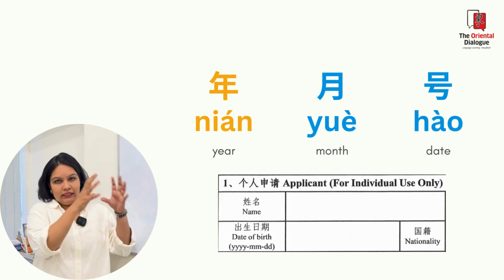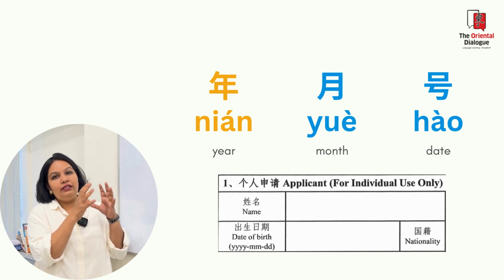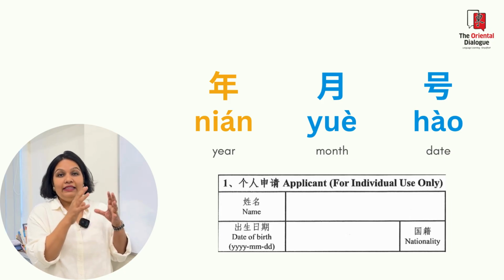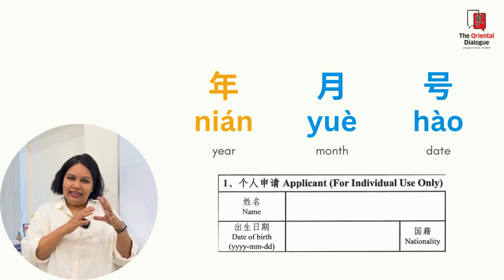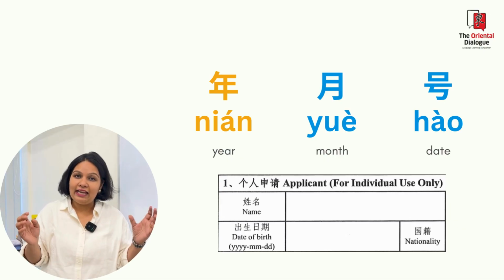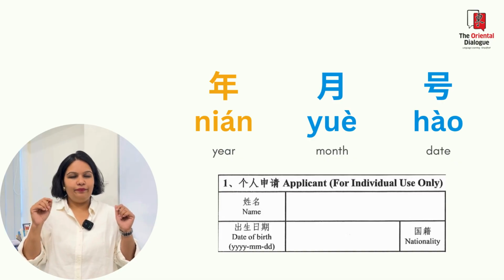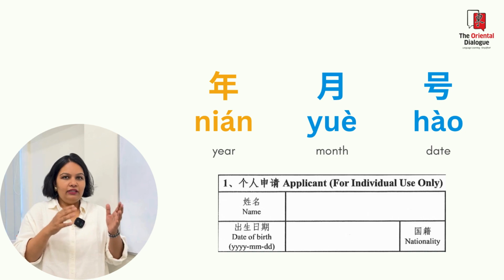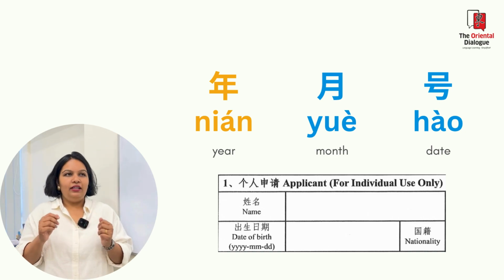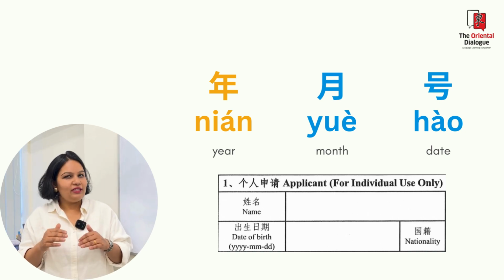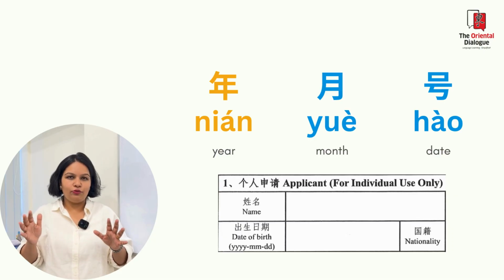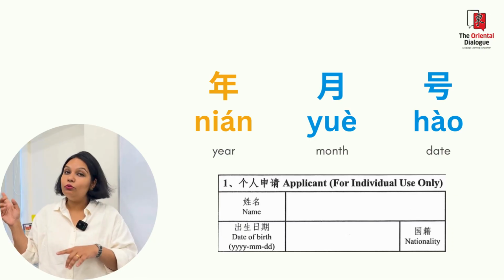When you're talking about a year, the year is called nián. So a duration of a day was tiān, and year is nián. After that comes the month. Like in most cultures across the world, the month is associated with the moon.